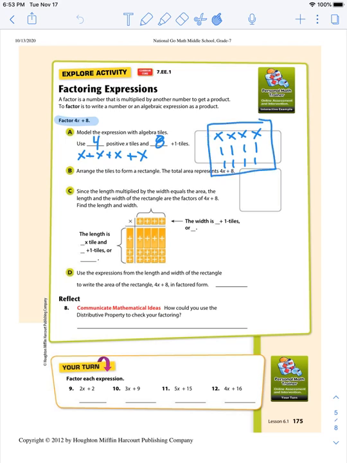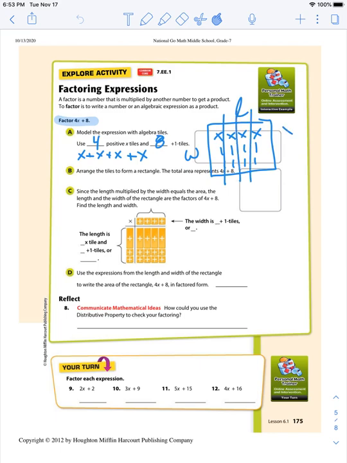Now, I know rectangles are length times width. The area of a rectangle is length times width. We use area models to represent multiplication. Since the length multiplied by the width equals the area, we can use that to know what factors of 4x plus 8 are. So if we count the rows this way, there are 4 rows.